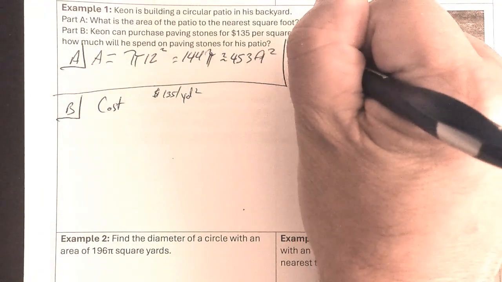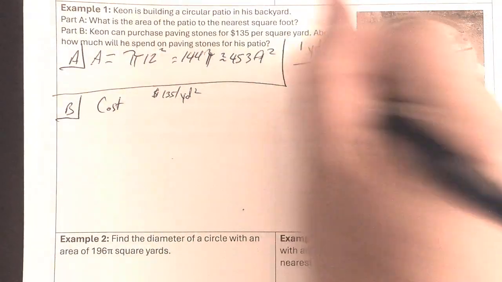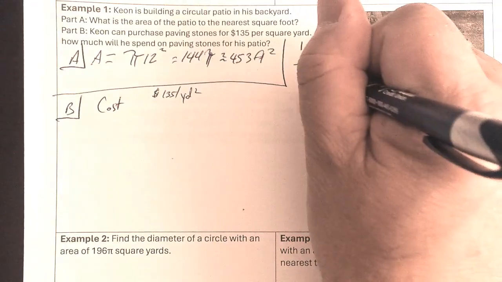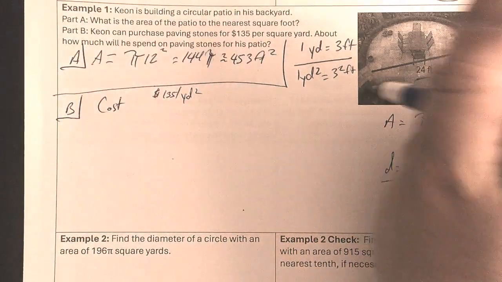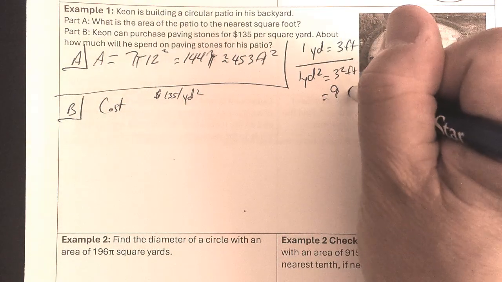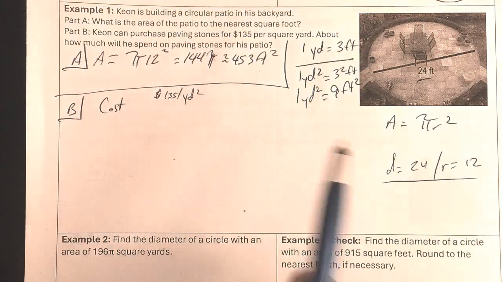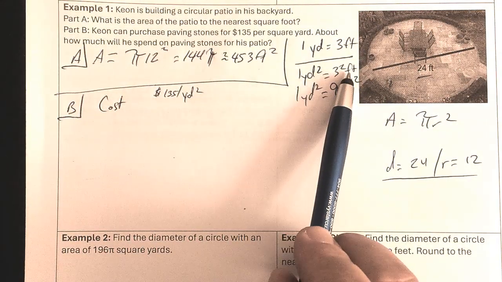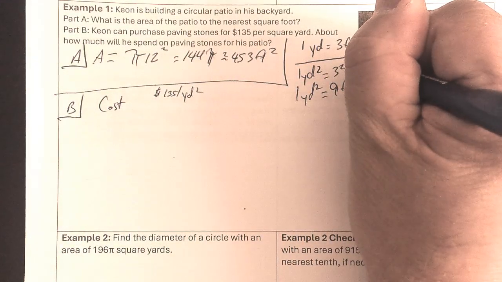So 1 yard equals 3 feet. All right, so 1 yard squared is going to equal 3 feet squared, or 3 squared, which is 9 feet squared. So we squared both of these. You squared 1, which is still 1, to make it yards squared. You squared 3 to make it 9, but feet squared.